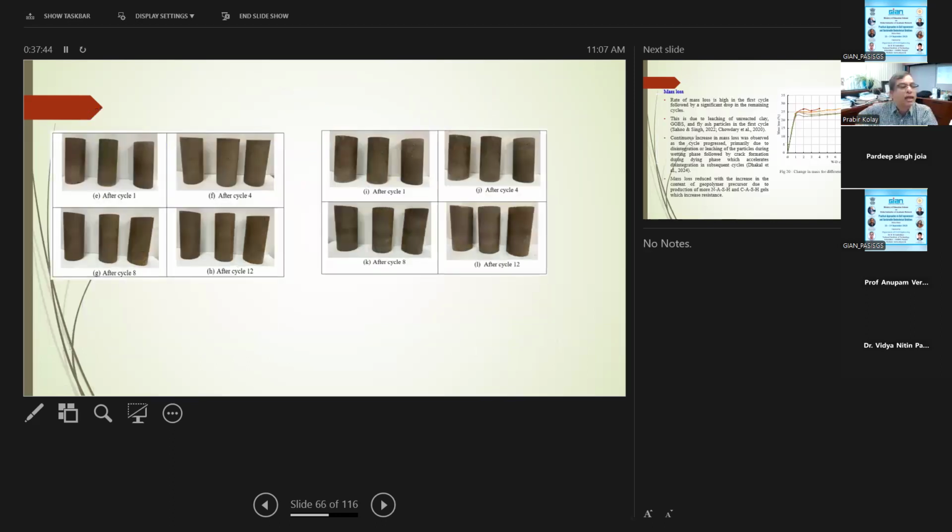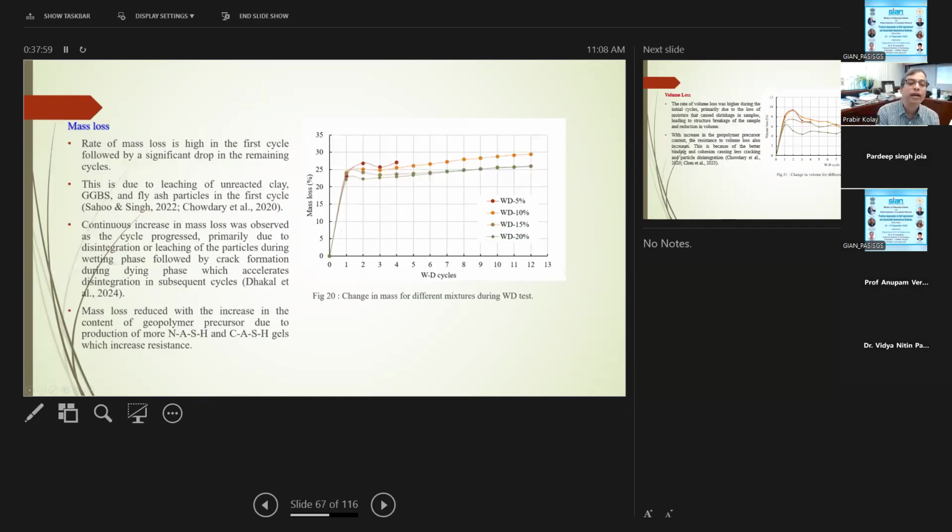Again, these are some pictures after 1 cycle, 4 cycles, and after 8 cycles. So what is happening to the sample here?